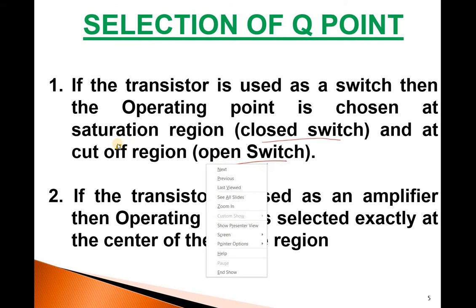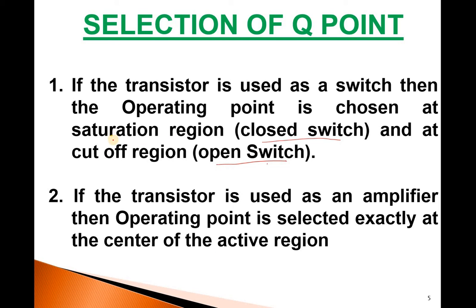Whereas if it is operating as an amplifier, the Q point should be selected exactly at the center of the active region. This is very, very important. The reason is, if we don't select the operating point exactly in the active region, then we may not get faithful amplification.